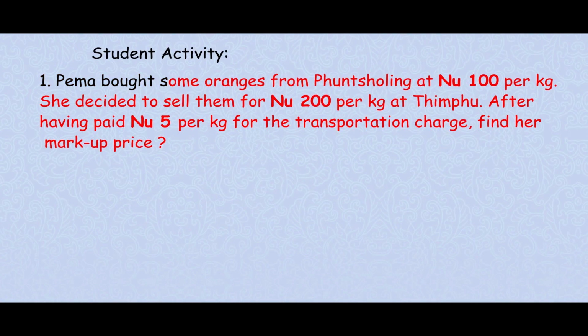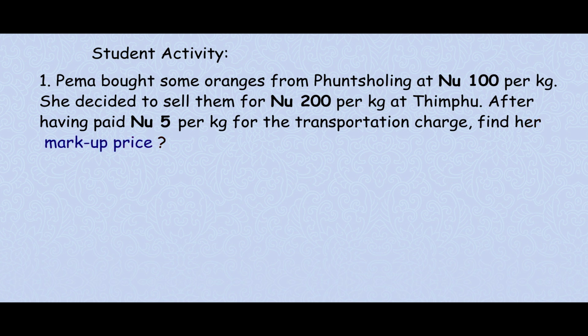Question number 1. Pema bought some oranges from Phuntsholing at Nultrum 100 per kg. She decided to sell them for Nultrum 200 per kg at Thimphu. After having paid Nultrum 5 per kg for the transportation charge, find her markup price.